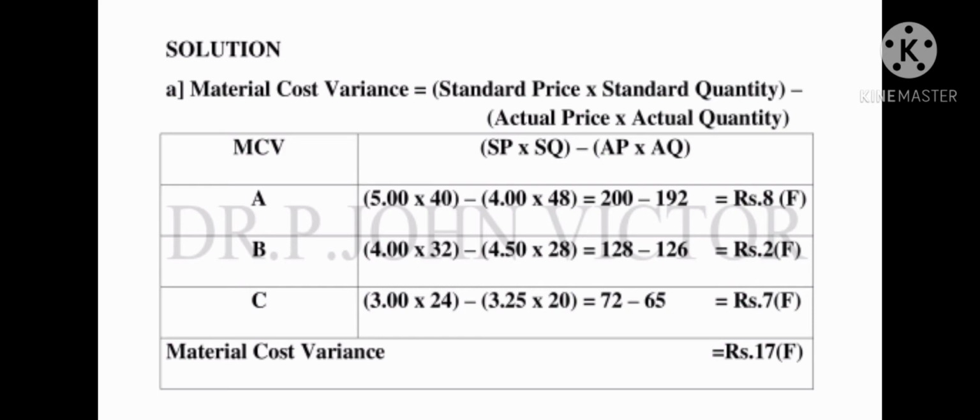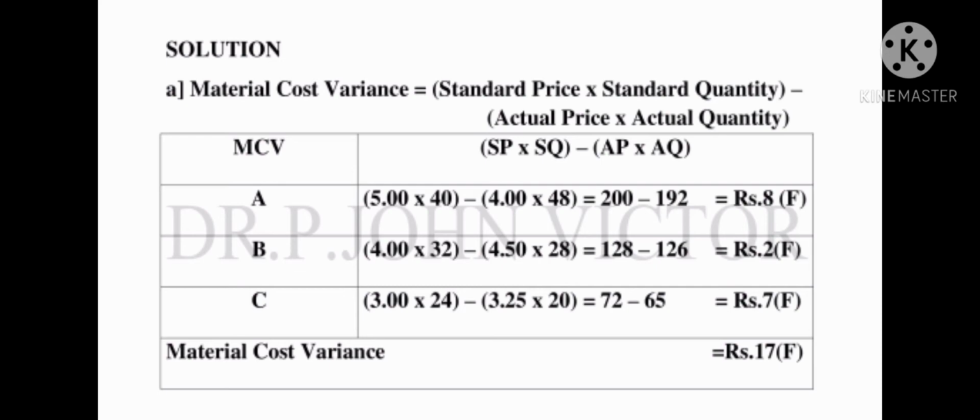So 5 rupees standard price, standard quantity 40, minus 4 actual price into actual quantity 48. Now 5 rupees into 40 is 200, 4 rupees into 48 is 192. When I subtract, the value I get is 8 rupees. It is favor, as I already explained: the positive value is higher, so it is favor. So for product A, 8 rupees favor.